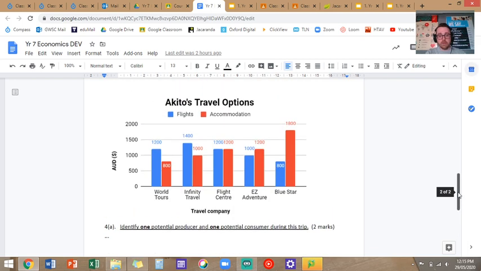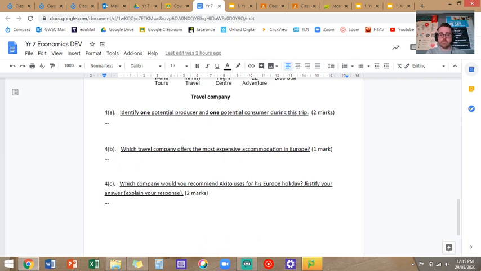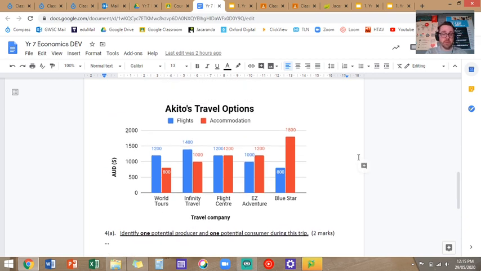So you'd probably want to look at this and say, which one is the cheapest? Which one has the cheapest overall cost? And then another mark for explaining why he should use that company. So if you say, I think he should use Blue Star, that's 1 mark. And then if you explain why, so maybe their flights are cheap, their accommodation's cheap, maybe they're the cheapest overall, that's an extra mark there.